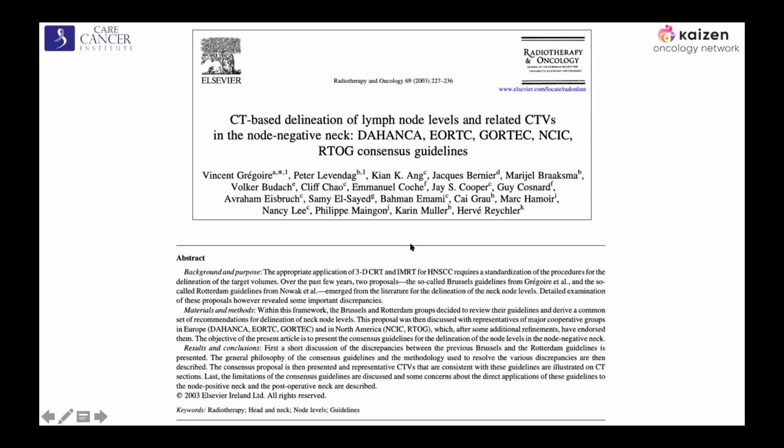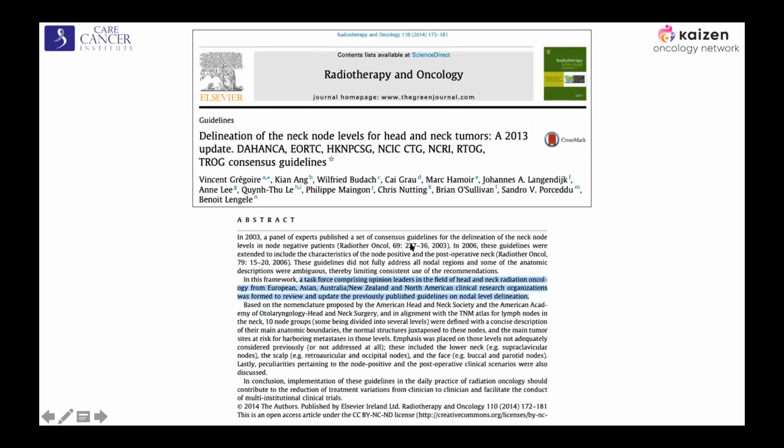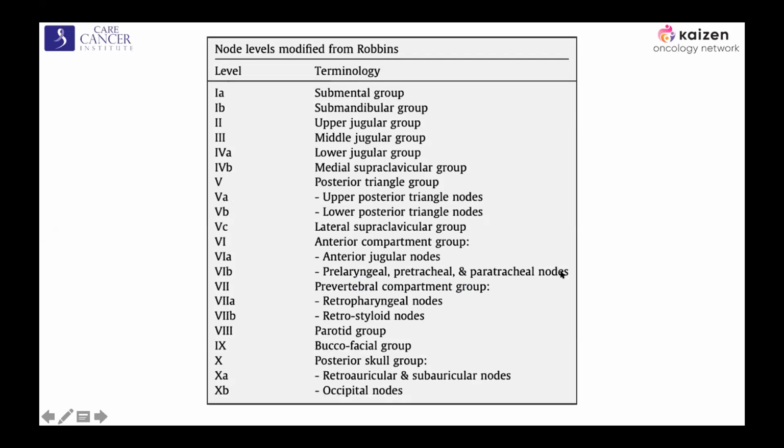So this consensus guideline came out in 2003. That was pretty much standard for 10 years, till 2013, when the same group gave an update of their consensus guideline. And this guideline is what we follow up to date. There's no update after this. And this will be the core for most of our presentation today.